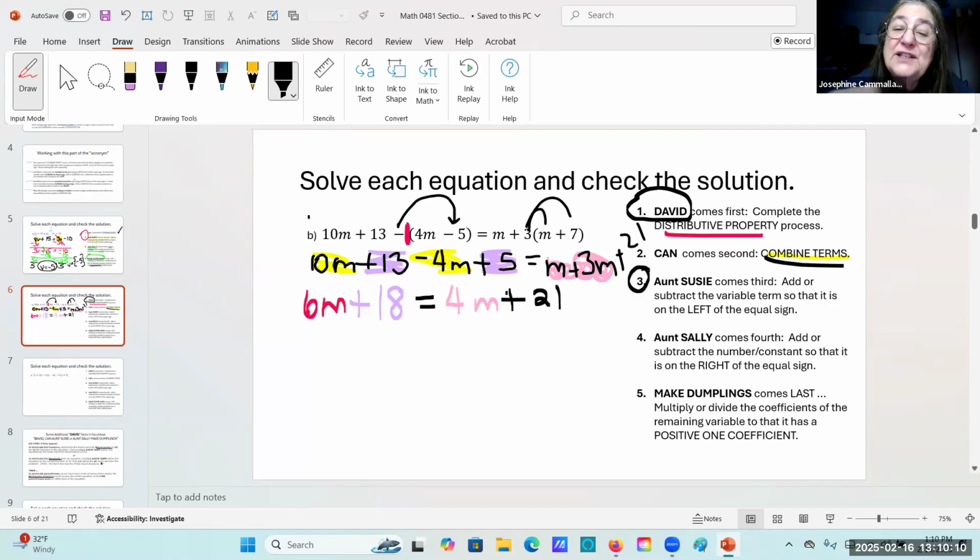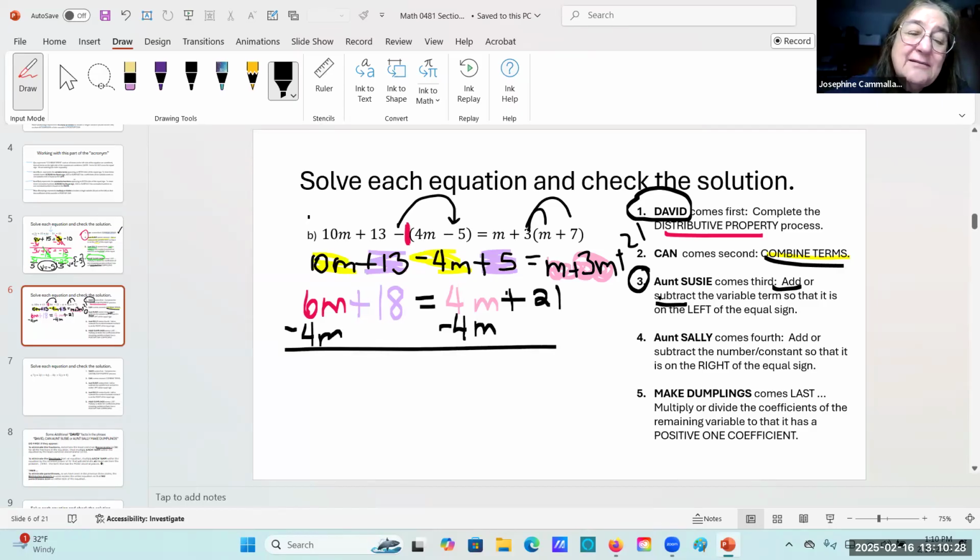Now, step 3. We're going to add or subtract the variable terms. Now that means this 4m, I am going to subtract 4m from both sides. Now this will give me 2m plus 18 is equal to, now notice these cancel out, positive 21.